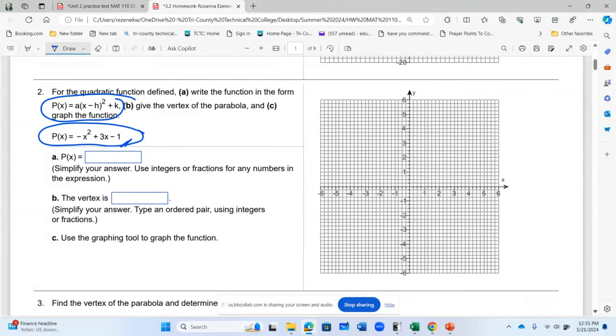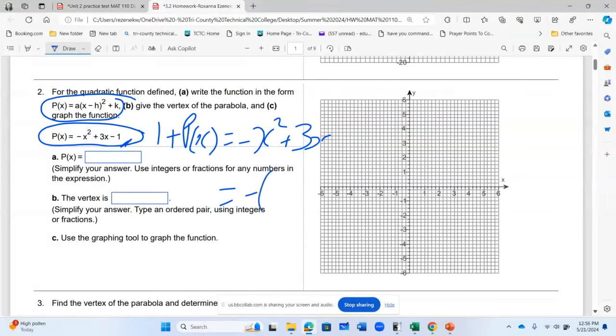That means plus 1 on both sides. 1 plus p of x is equal to whatever remains on the right-hand side. Negative x squared minus 3x. Actually, it's plus there. And if I like, I can put the negative outside here.